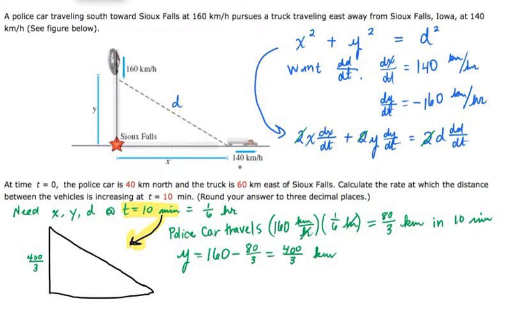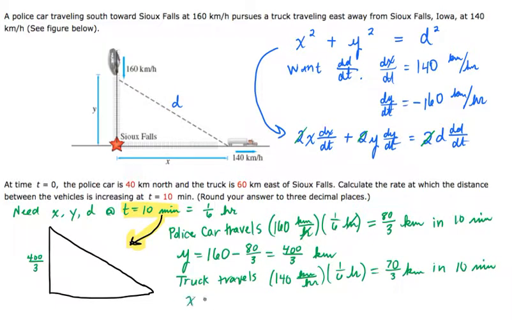So x is going to be 140 plus the distance that the truck travels. So the truck travels 140 kilometers per hour times 1/6 of an hour. So 140 divided by 6, that's 70/3 kilometers in the 10 minutes.